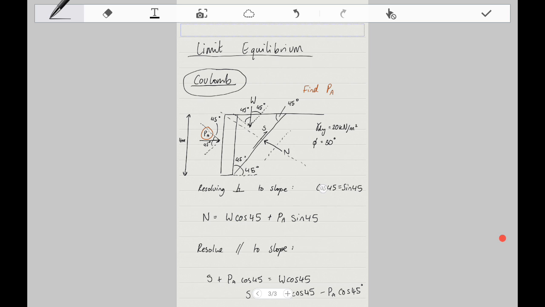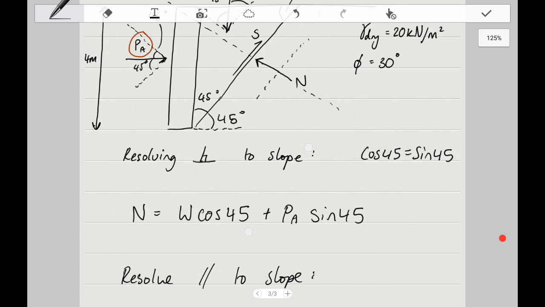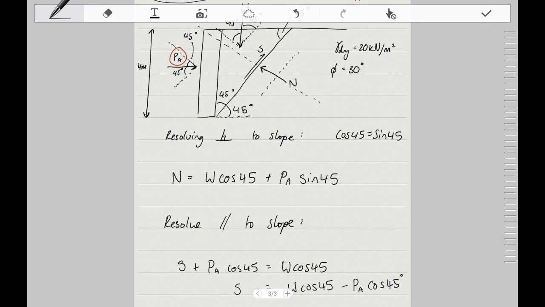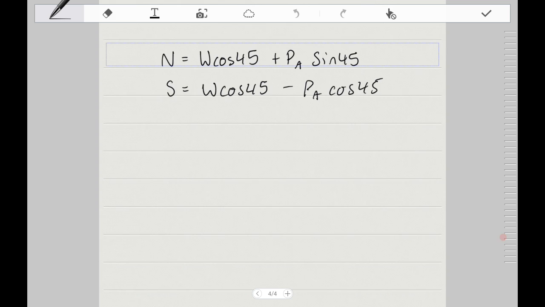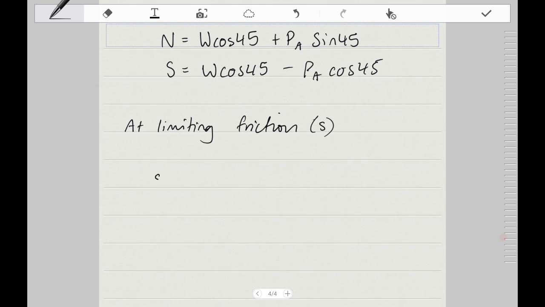So we have these two equations. Let me just copy and paste them to the next slide. Okay, now this is something you might remember if you did mechanics at A level. At limiting friction, which in this case is S, S equals N tan phi.